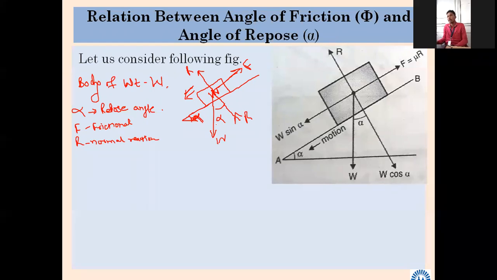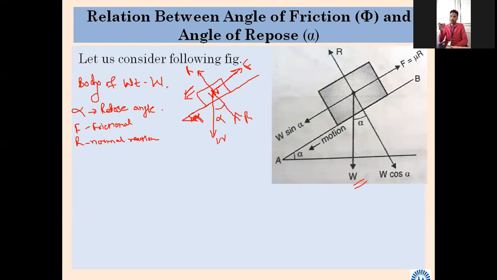At what angle is our plane inclined with the horizontal? That is the angle of repose, alpha. Now, once we resolve this, only one force is there which is inclined. Imagine a little here: you may feel that W is a vertical force, it is vertical weight, so how is it inclined?